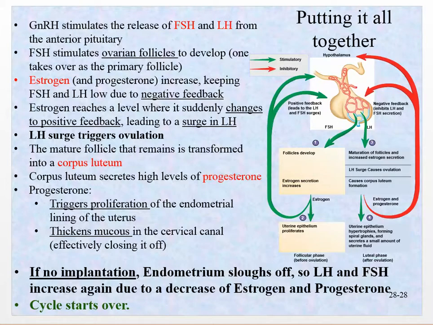We'll just go through this again. I didn't mention this much because we've already talked about it with males, but remember the hypothalamus, a brain region that releases gonadotropin releasing hormone, GnRH. GnRH sends a signal to the anterior pituitary and tells it to release follicle stimulating hormone and luteinizing hormone.